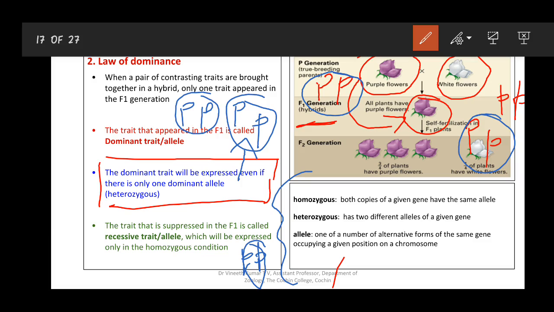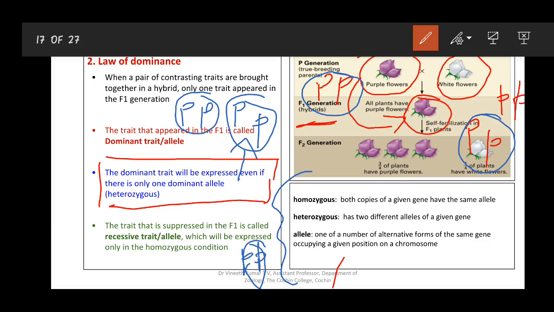If you take purple and white, these are the two phenotypes, and if purple is expressed in the F1 generation, that purple is considered dominant and the other one is considered recessive.